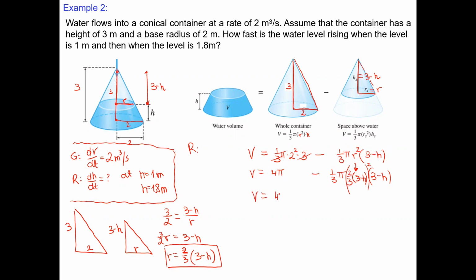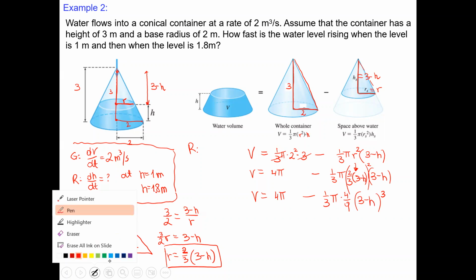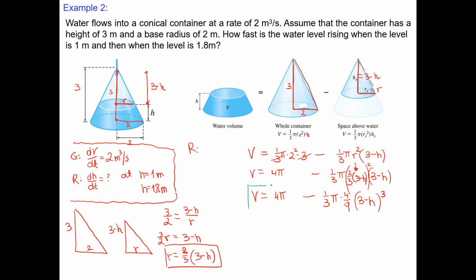Okay, let's see. 4 pi minus 1/3 pi. And what do we have? 2/3 squared will become 4 over 9. 3 minus h squared. And another 3 minus h will give us a cube. Okay, I think now the relation looks quite good. We may take this relation and differentiate. I don't know if we will have enough room.